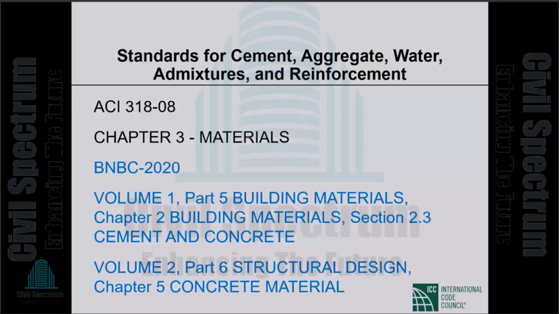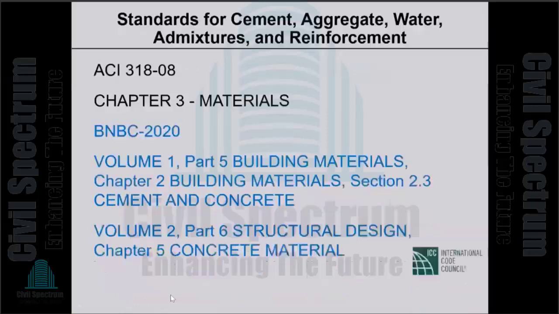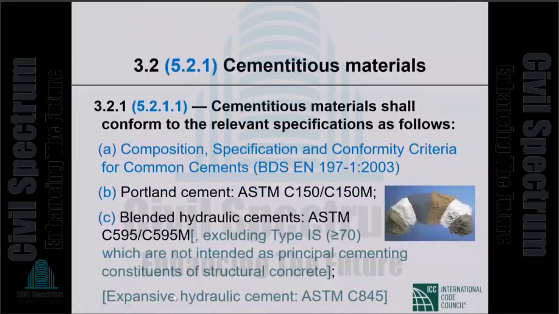But there is some information also in Volume 2, Part 6, Structural Design. And in Volume 2, Part 6, the chapter that you have to go to is Chapter 5, titled Concrete Materials. So these are the two places where you have to look for information on the ingredients of concrete.